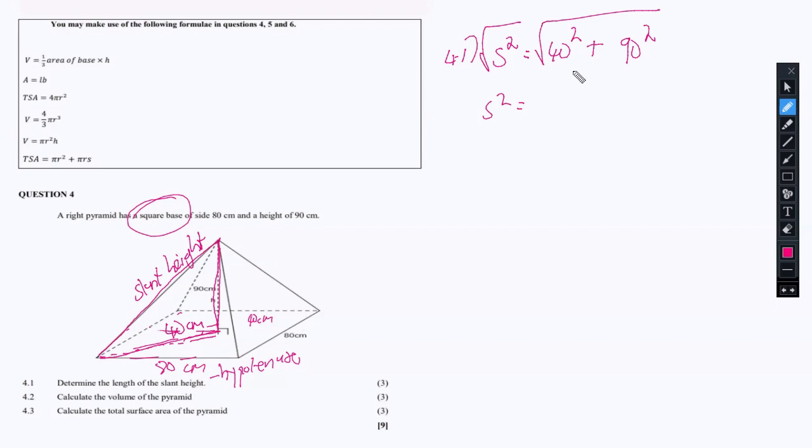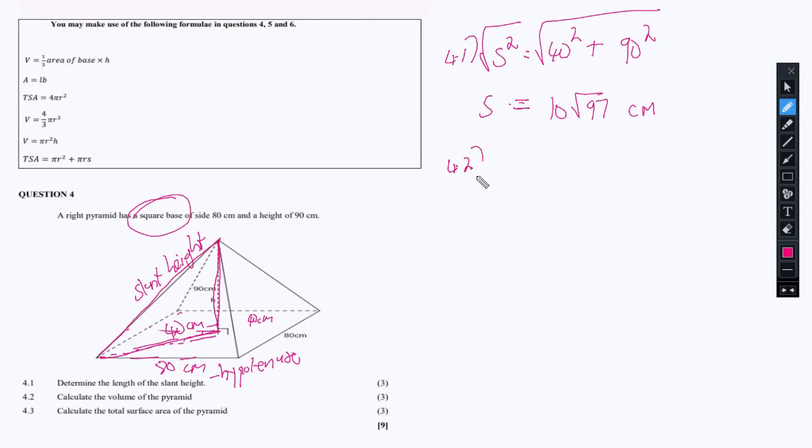This is going to be 10 root 97 centimeters. Let me remove this. It's not S squared, it's just S. Okay, there we go. The slant height is 10 root 97 centimeters. So that's it for 3 marks.